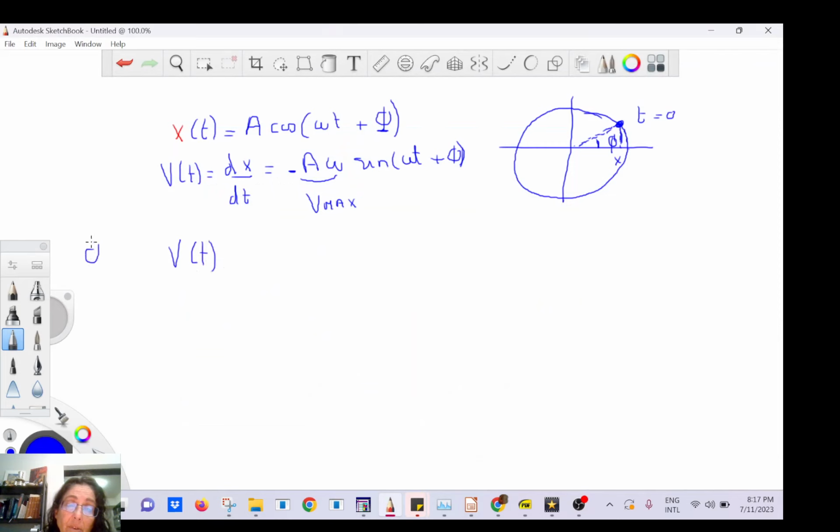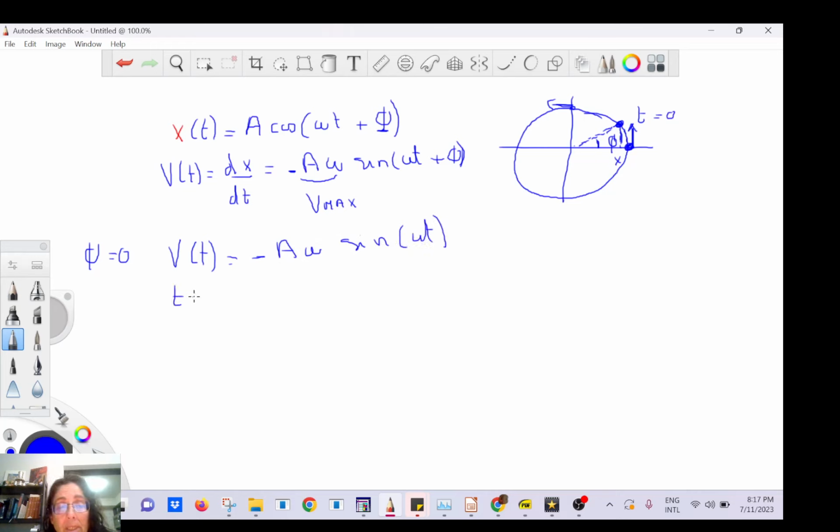Okay, so if you look back to here, let's look at my velocity. Let's say phi equals 0. So it means that t equals 0, it's going to be here. So you're going to have minus a omega sine omega t.